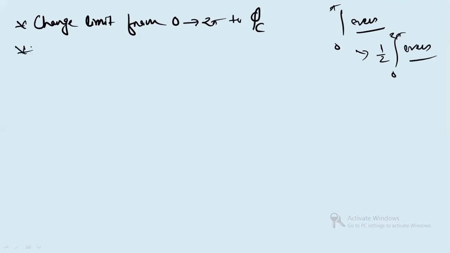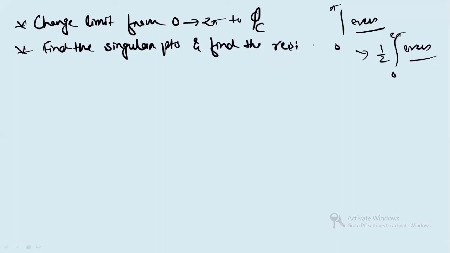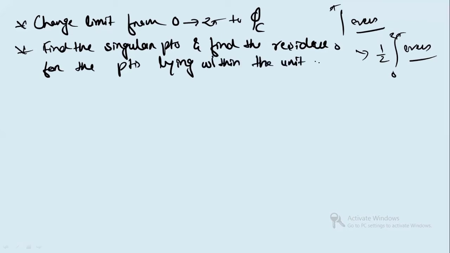After this, you will get your integral in the form of z. Then you will find the singular points, and you will find the residues for the points lying within the unit circle.